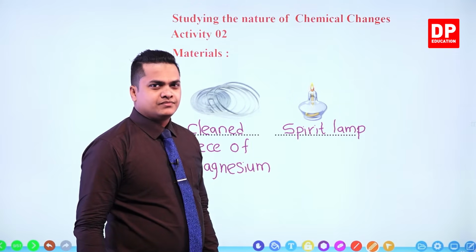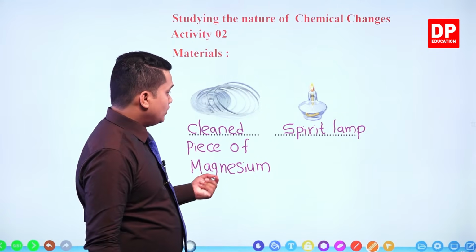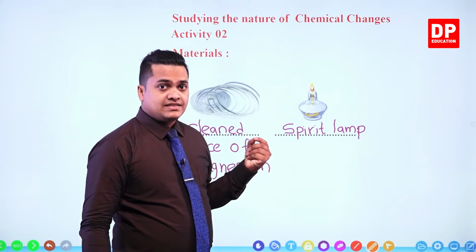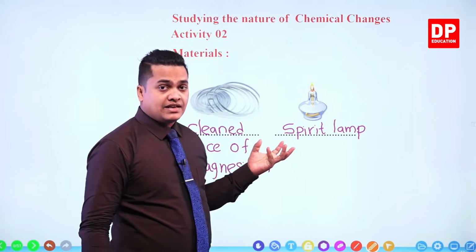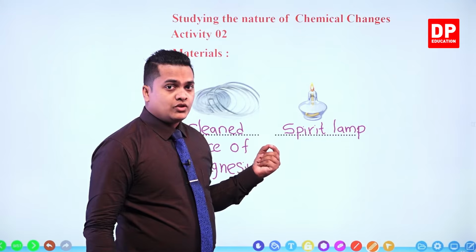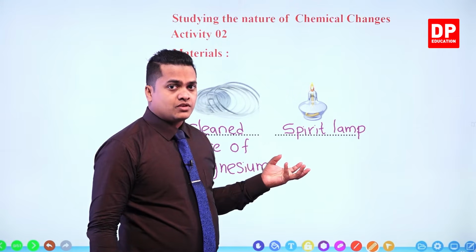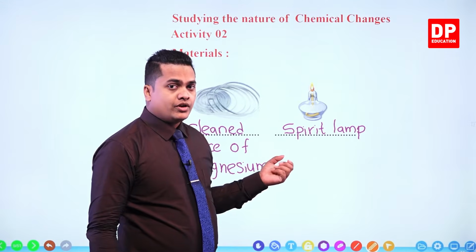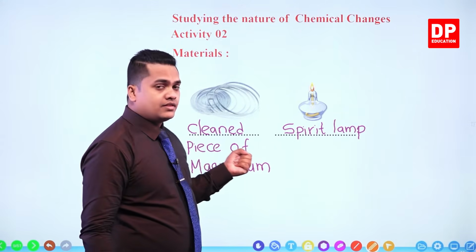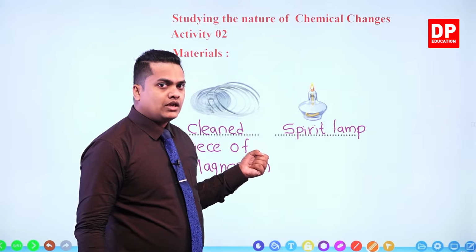It's really simple, right? Sometimes it's hard to place this magnesium piece over the spirit lamp, so you can use a pair of forceps to hold the magnesium strip.